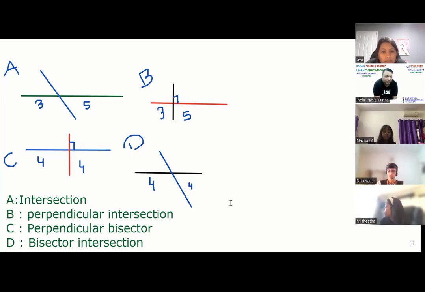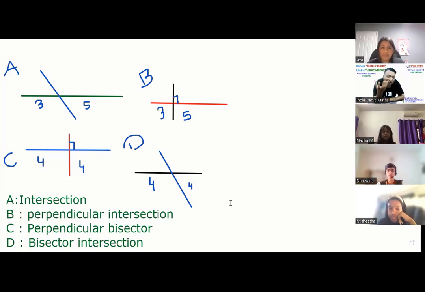But the cutting line, the transversal line, is not perpendicular in D, and C is 90 degree perpendicular. That's why C is called perpendicular and D is called not perpendicular. Correct? Any other question about bisection, intersection, perpendicular?